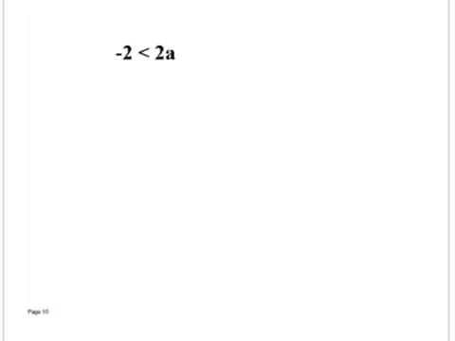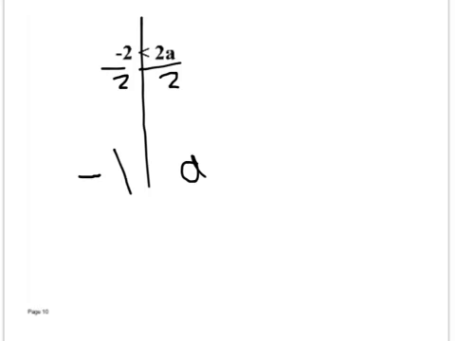I divide both sides by 2. So I want Emery to tell me what I have. What do I have here? What is -2 divided by 2? What is my sign?